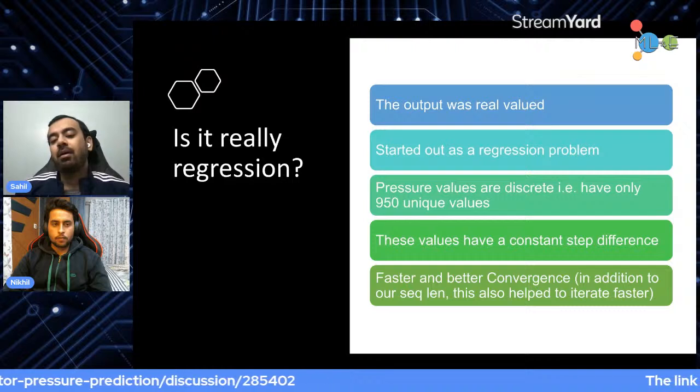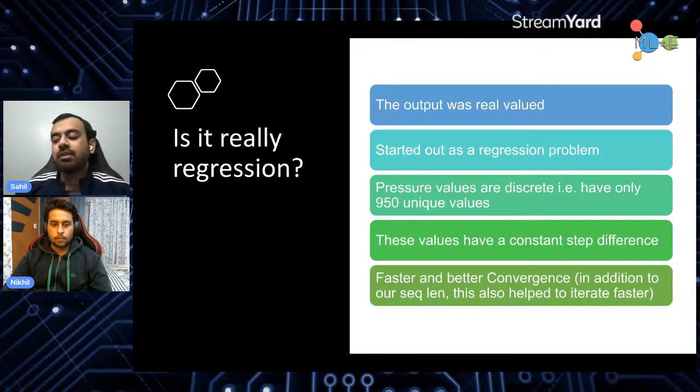Because of this faster convergence, again adding on to our sequence length idea, we were able to iterate. This also helped us increase the number of experiments we could do because we could get results faster. The convergence was better.